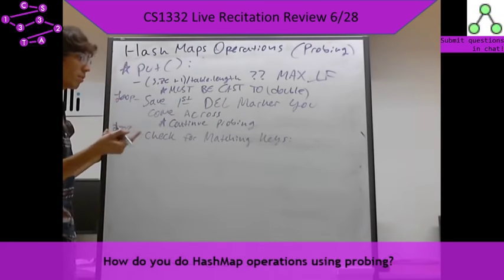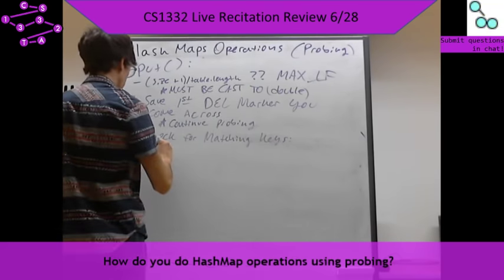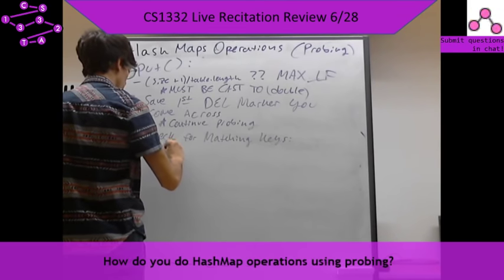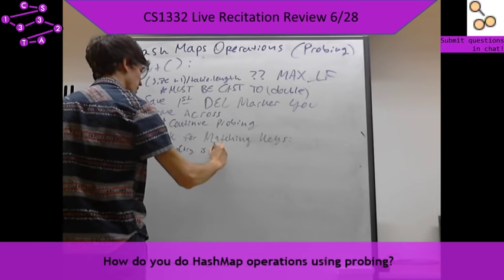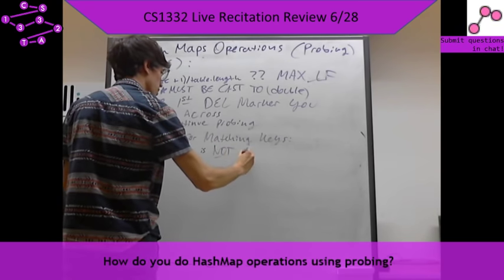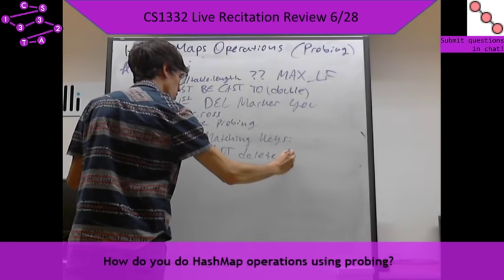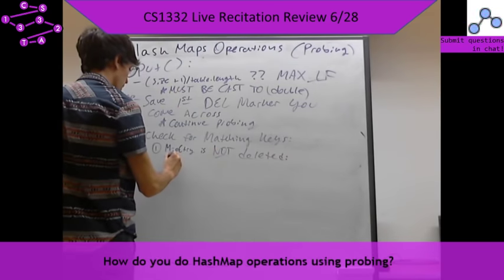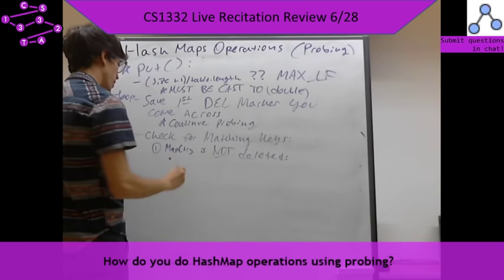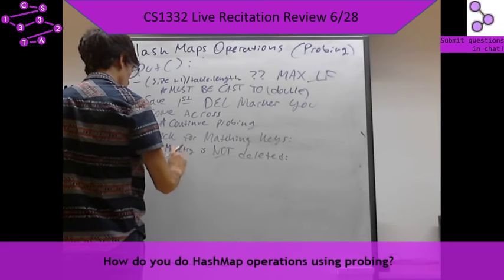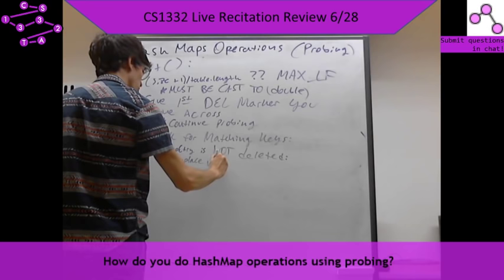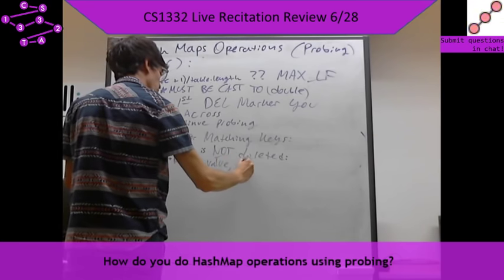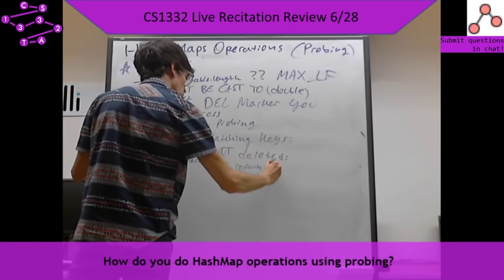And when we find a matching key, one of two things will happen. Option 1, the map entry is not deleted. In this case, we should replace value and return old value.